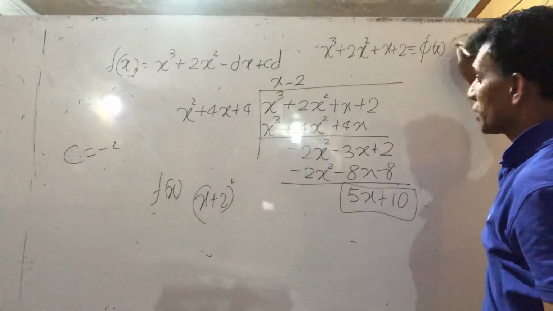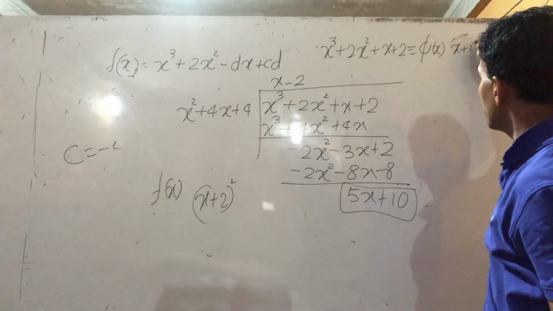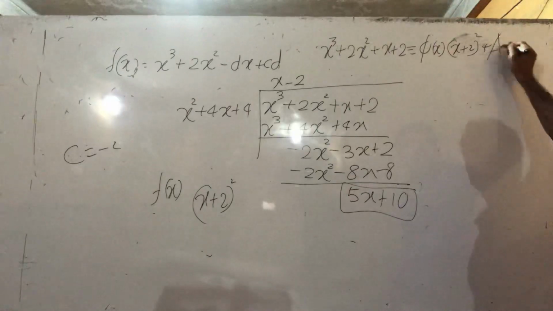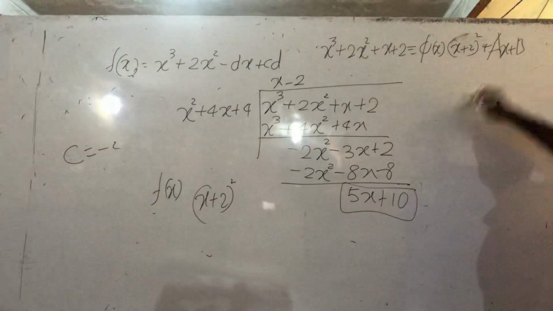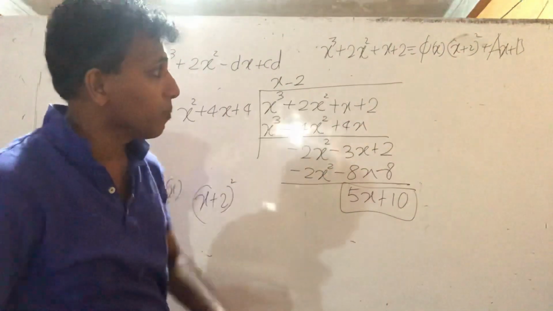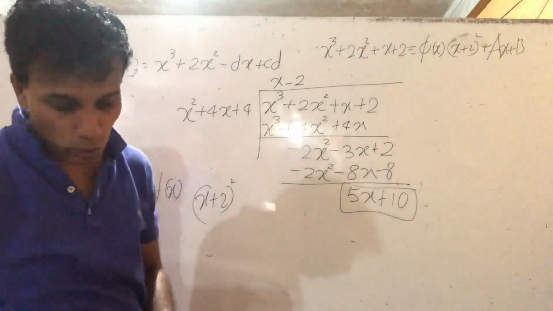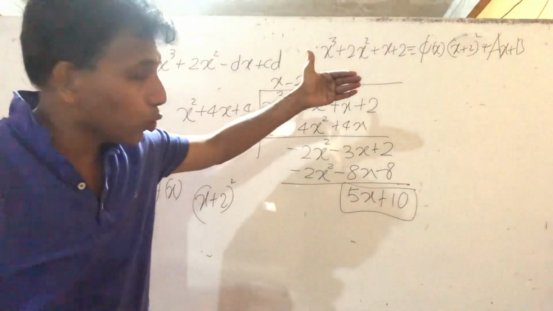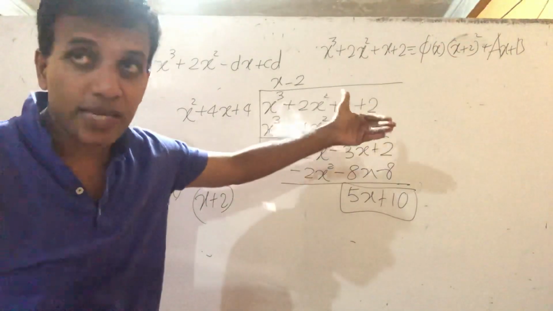Or I can say (x plus 2) squared is the divisor. So plus the balance is in ax plus b form. You got many questions in ax plus b form. So you can find it by using an equation type to find a and b.